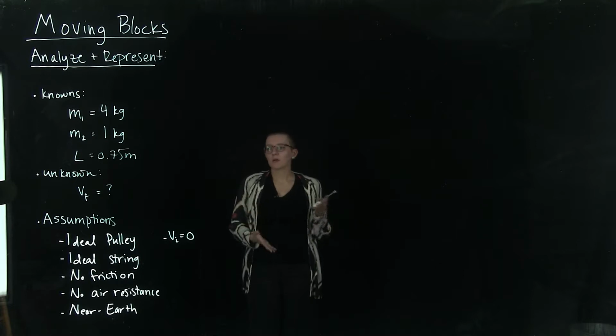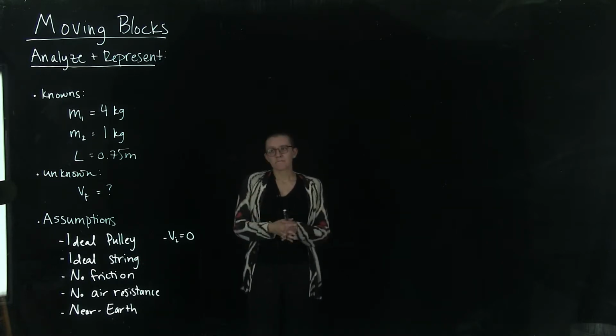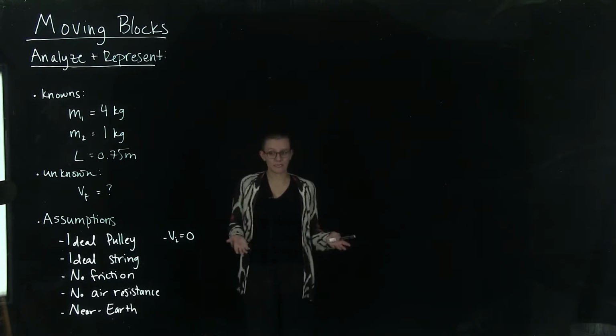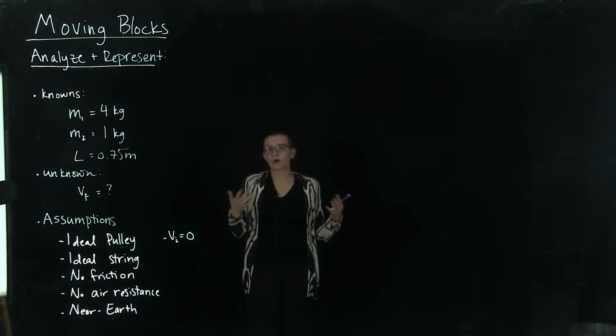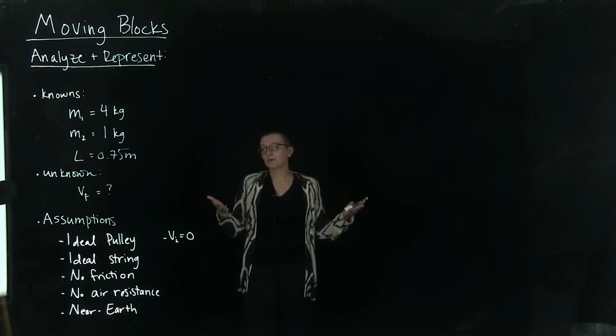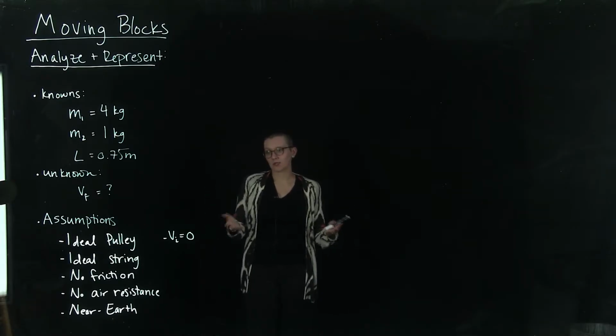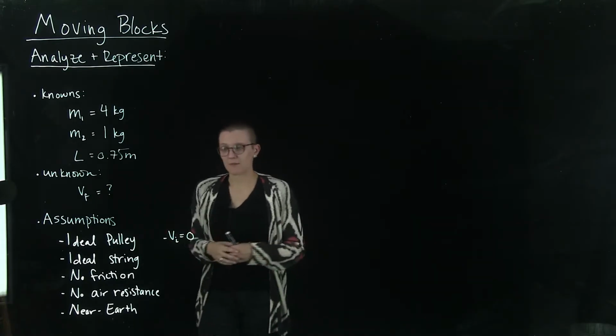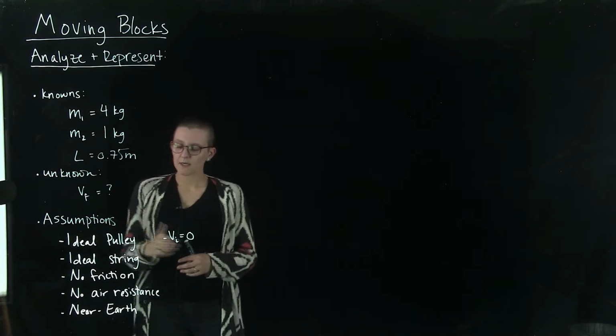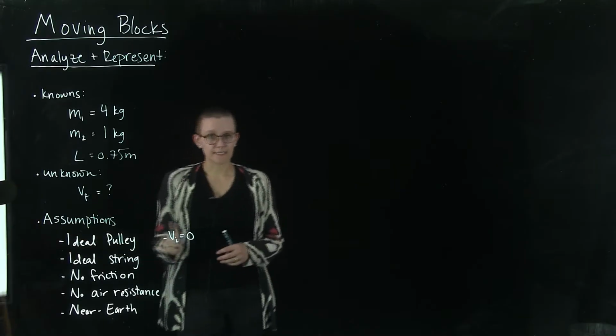So when you're making assumptions in physics, some of them will come from the problem statement, and a good question to ask yourself is always, is this a reasonable assumption to make for this situation? So we're going to start with the ones that are given in the problem statement, which are the first three here. An ideal pulley and an ideal string.